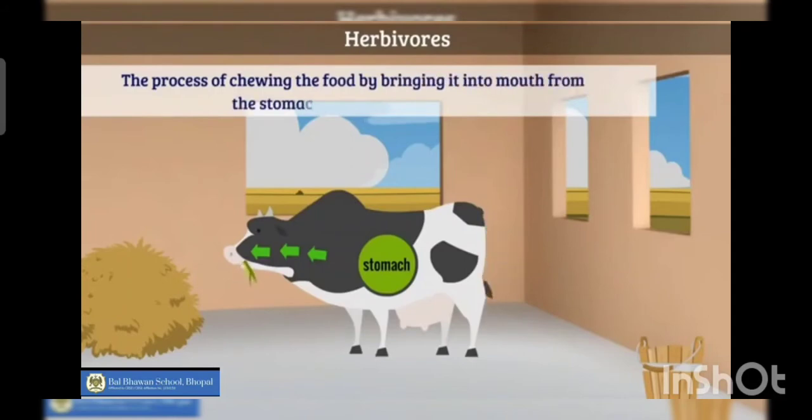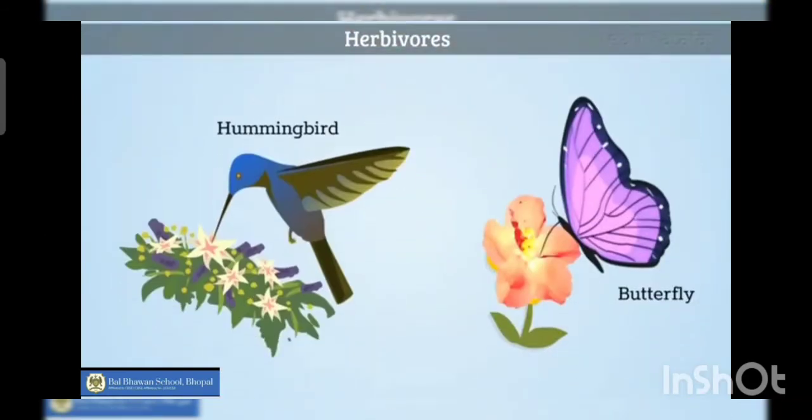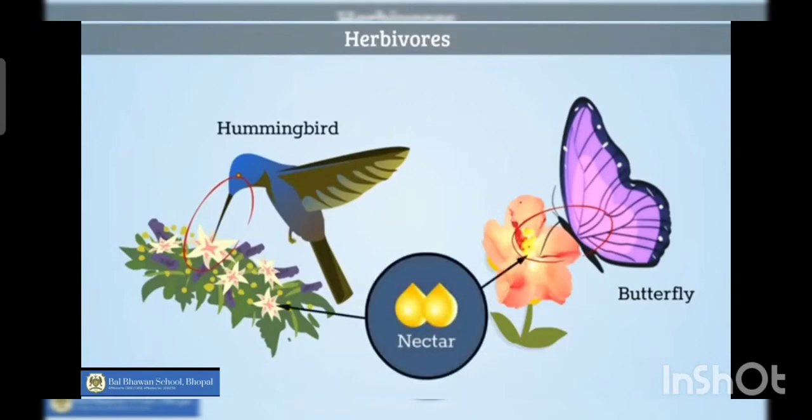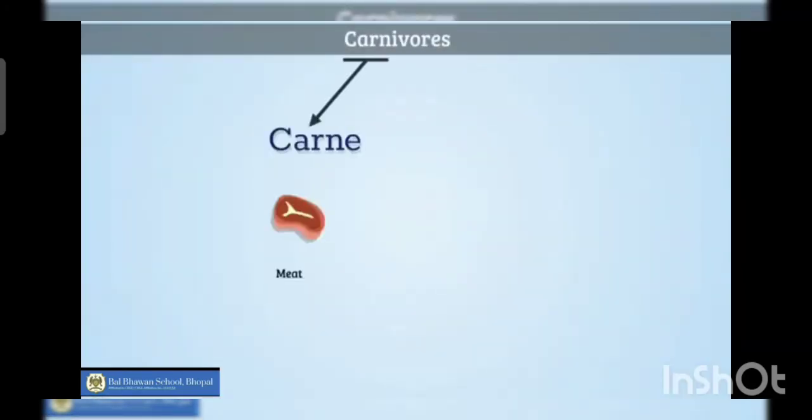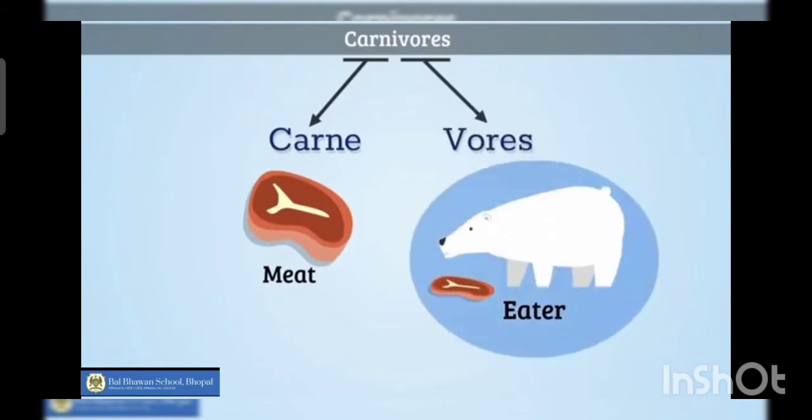Now coming to the next category of animal, that is carnivorous animals. Now, when we talk about carnivorous animals, animals that eat the flesh of other animals are called carnivorous animals, because carn means meat and vorous means eater.